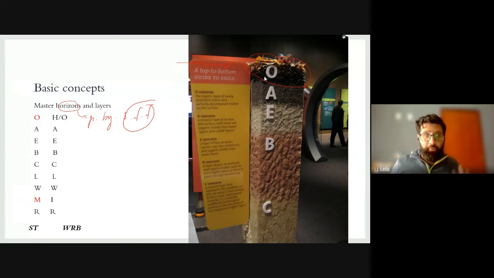So horizons were produced by pedogenesis processes, by processes that produce soil. These processes are formed by the interaction between soil formation factors: climate, organisms, time, parent material, and relief.